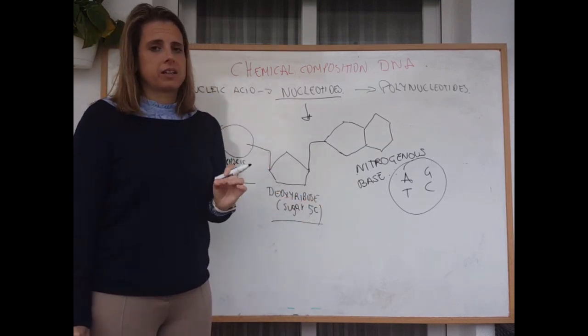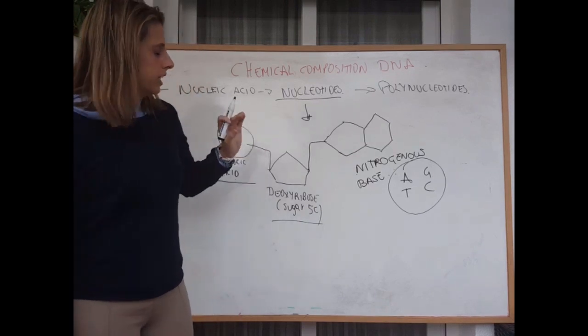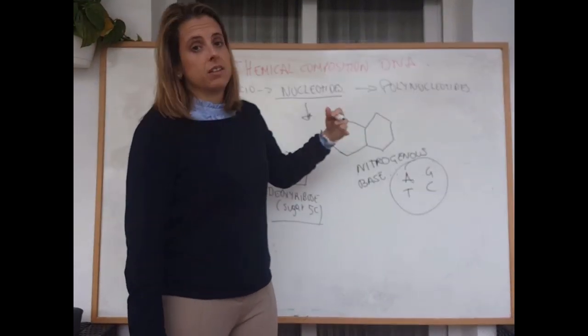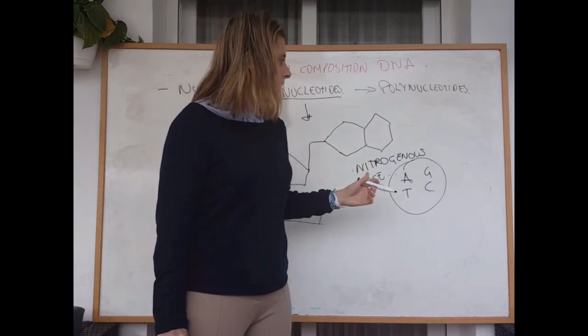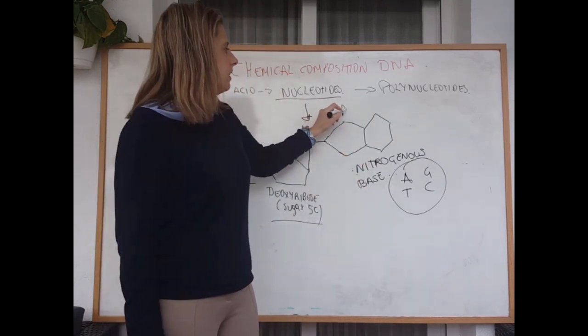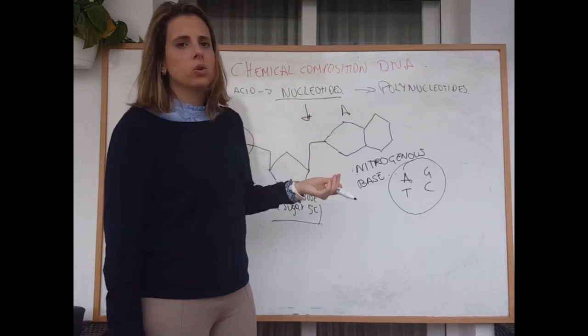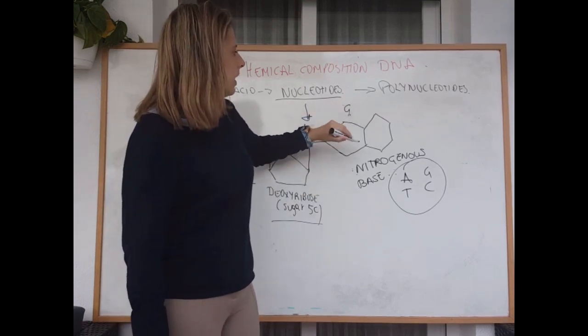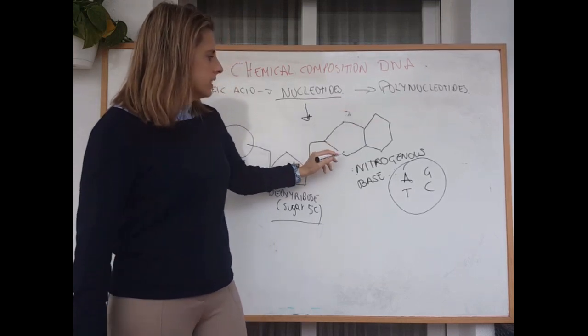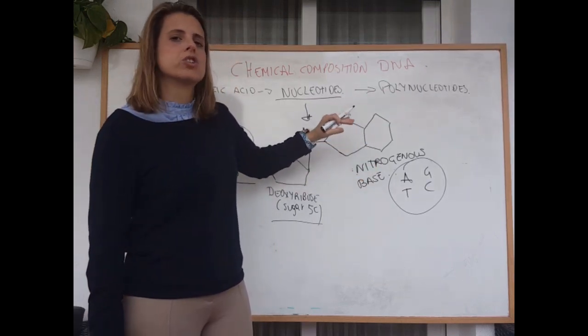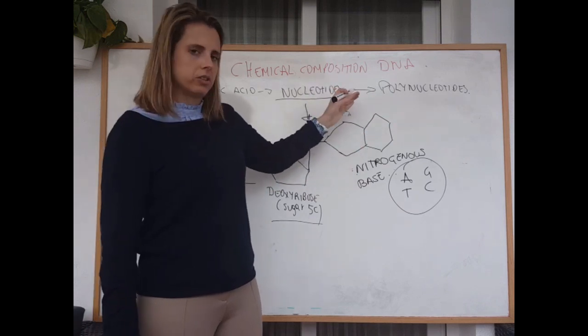The only thing that is going to change in different nucleotides is the nitrogenous base. Because this one can be adenine, and in the following nucleotide, this can be guanine or so, right? So this is the part that is going to change in every nucleotide.